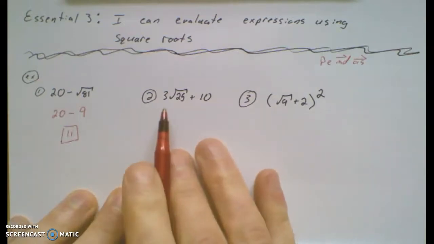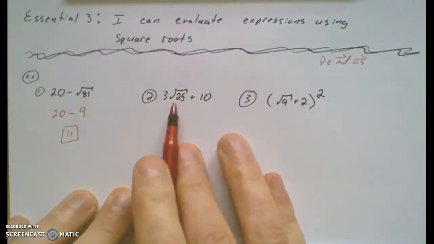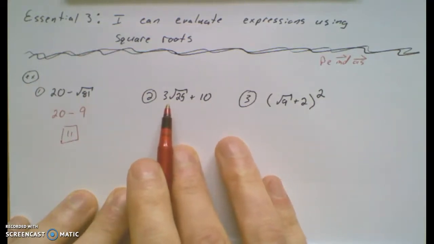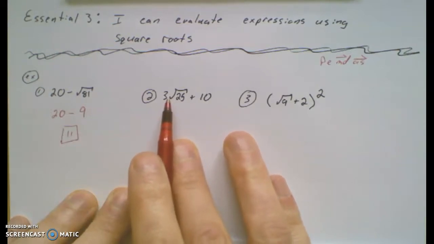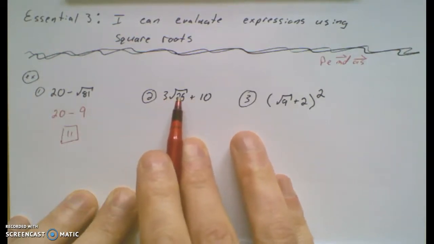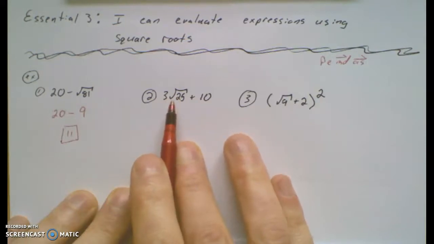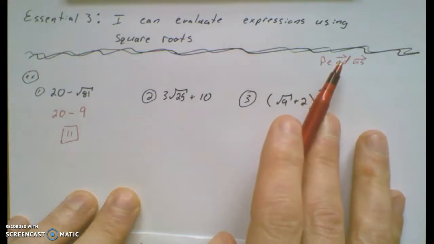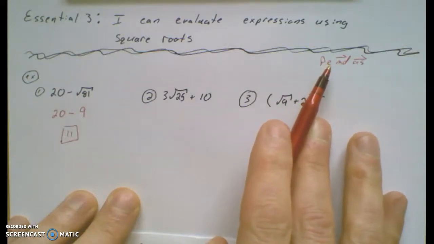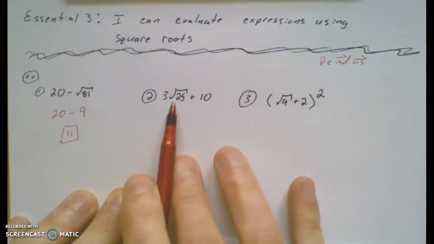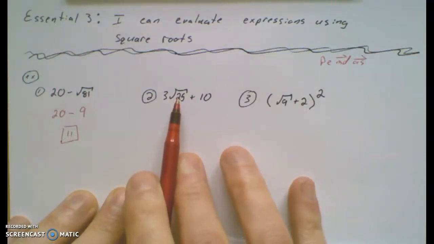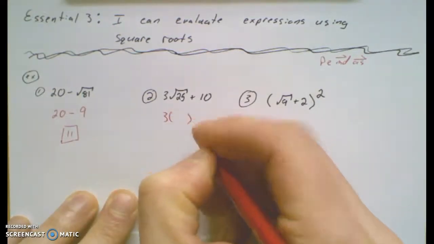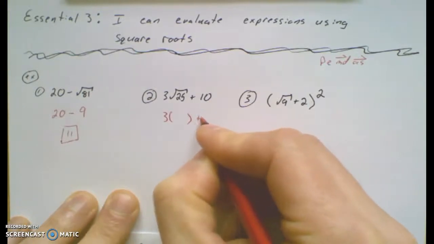So now we're on the next one. 3 times the square root of 25 plus 10. Remember, when there are 2 things next to each other, it's always multiplication. It's the only operation where we don't need a symbol. So if there's a 3 and the square root of this thing right next to each other, we're actually multiplying. But there's a square root, which is this exponent, so we have to figure out what the square root of 25 is. So it's going to be 3 times, and to show times I'm going to use parentheses, plus 10.